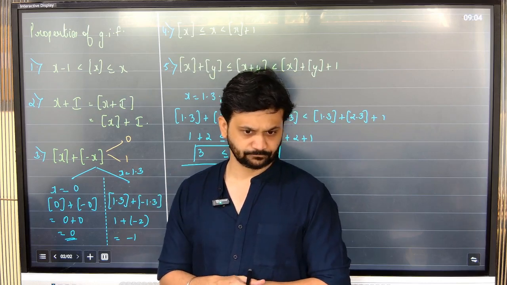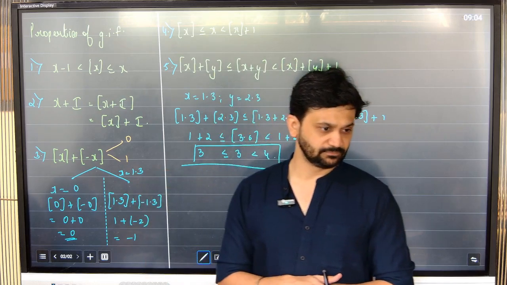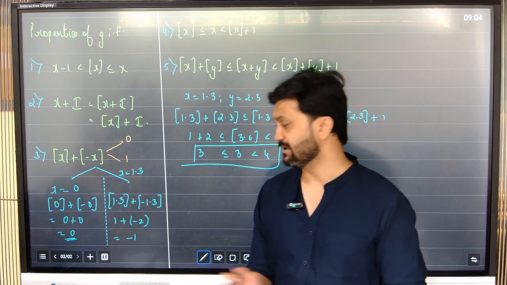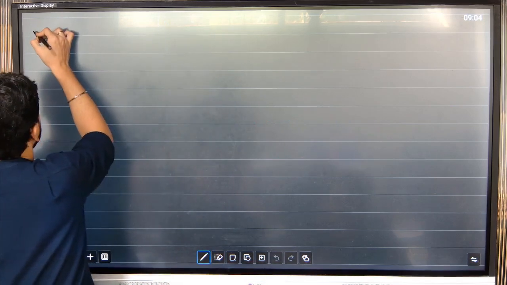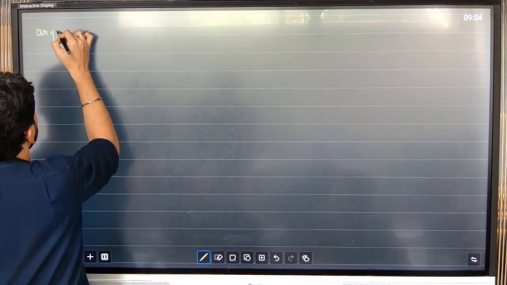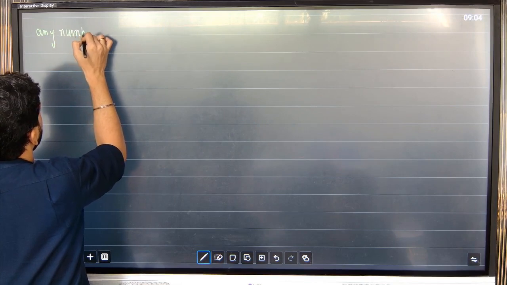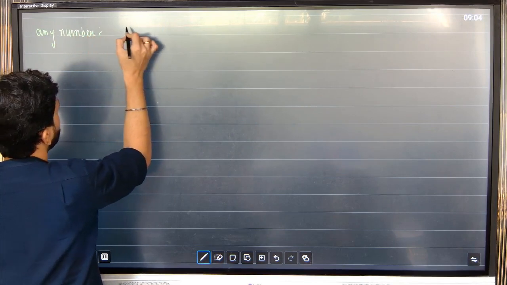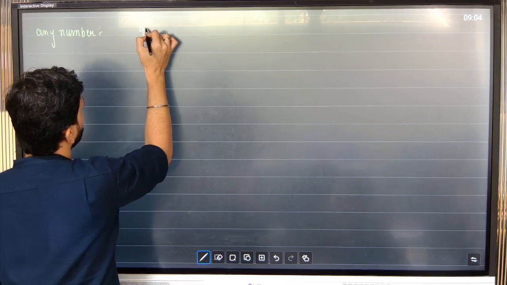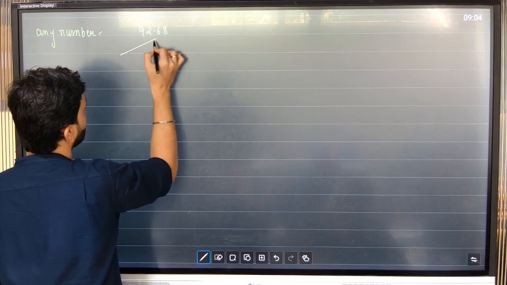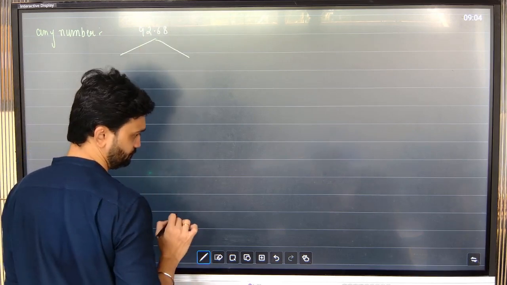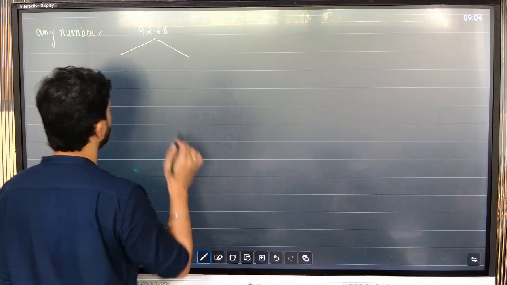10.00, 9.86, 99.99, any value, any number. Let's take an example of 92.68. This is a real number, any number of your choice.